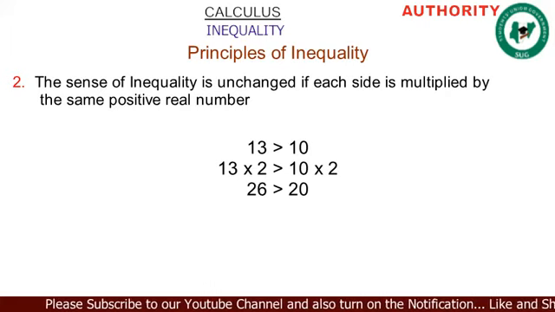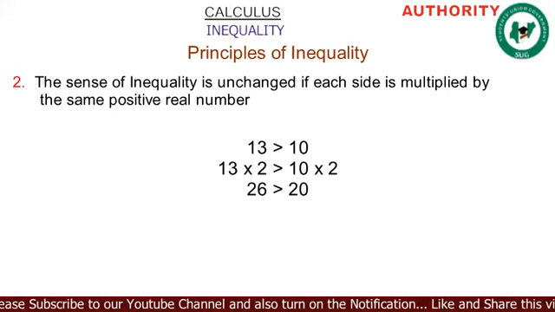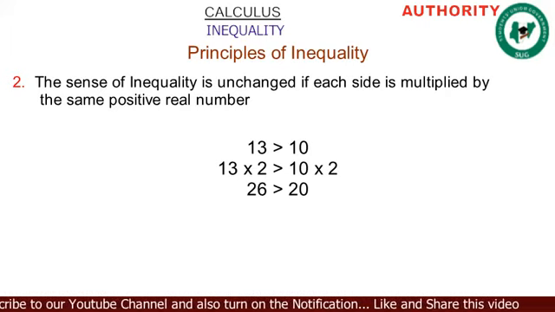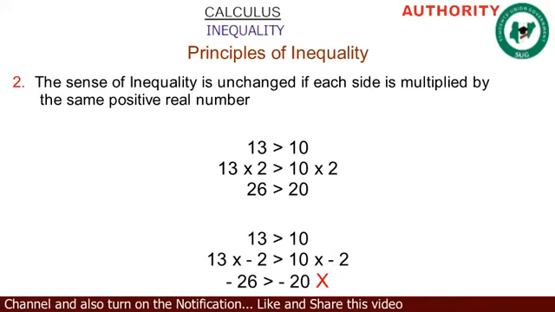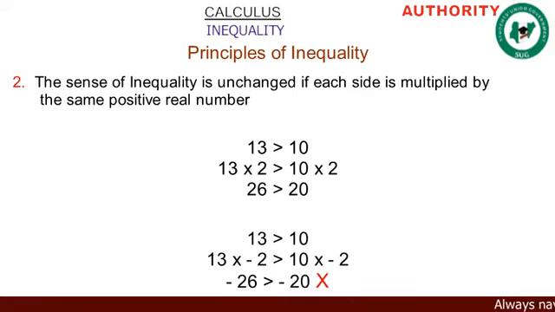But what if it is multiplied by a negative number? What will happen? Now let's take a look at this. We have 13 greater than 10 multiplied by minus 2. 13 times minus 2 gives us minus 26, and 10 times minus 2 gives us minus 20.